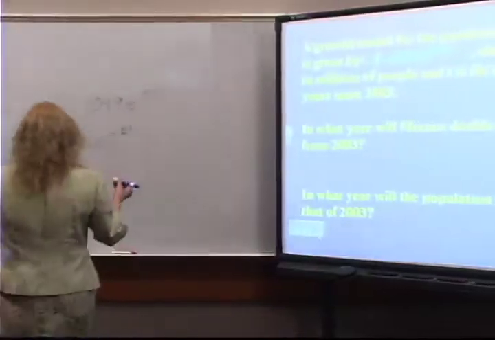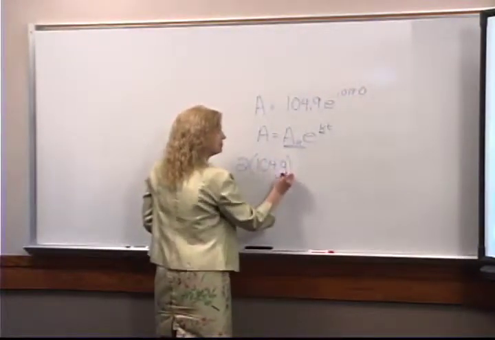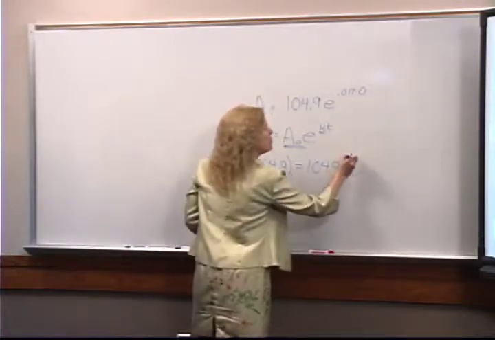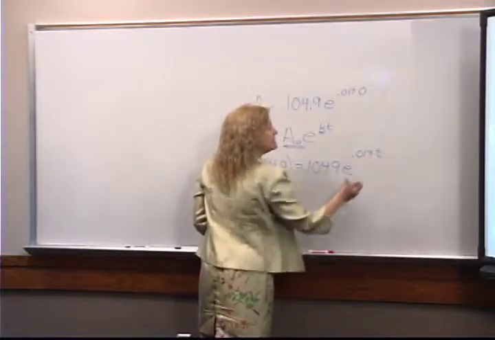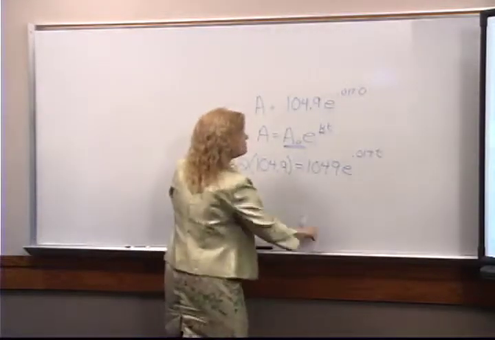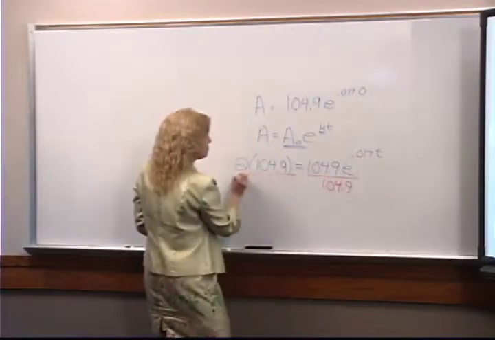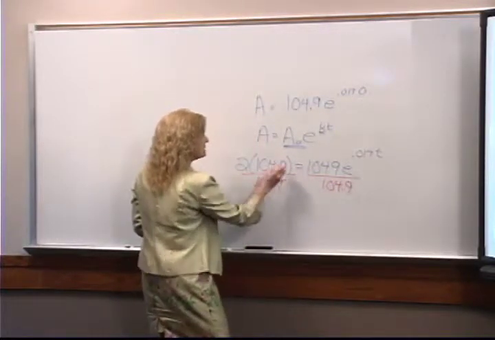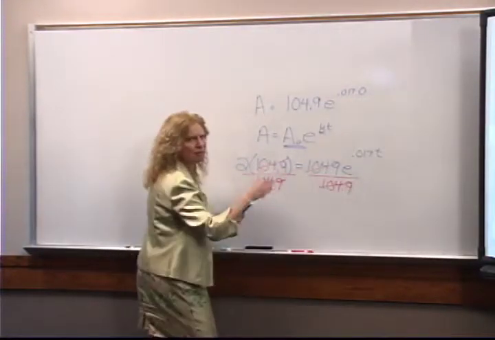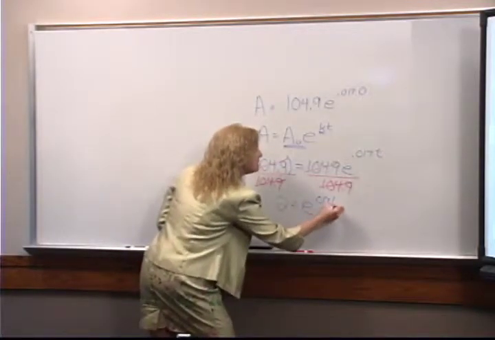But I could also simply say 2 times 104.9 is equal to 104.9 e to the 0.017t. Now you look at that equation, and do you realize very conveniently you can divide 104.9 off of both sides? He's gone. So we effectively have the equation, simplified in a hurry, 2 is equal to e to the 0.017t.